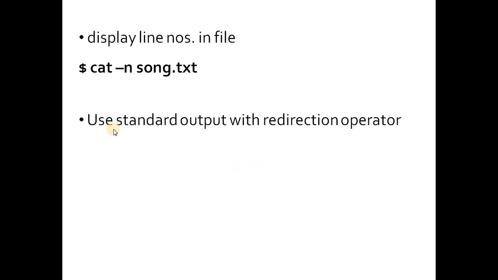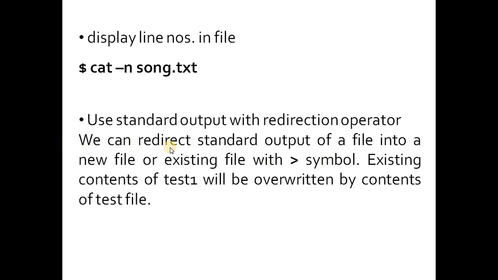Next function, use standard output with the redirection operator. We can redirect the standard output of a file into a new file or an existing file with the greater than symbol. Existing contents of test1 will be overwritten by the contents of the test file. So in this example, the contents of this file will be added to this file.